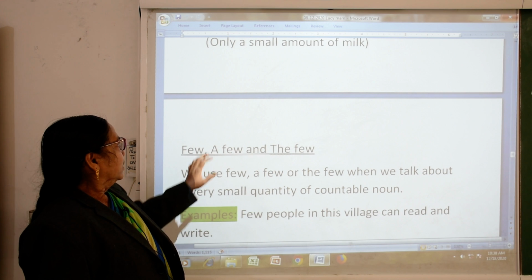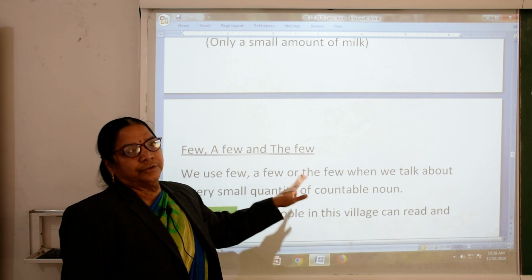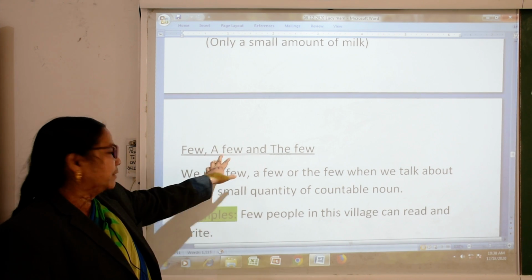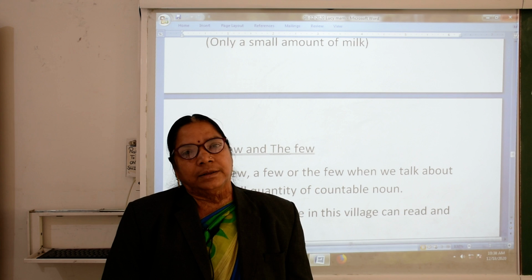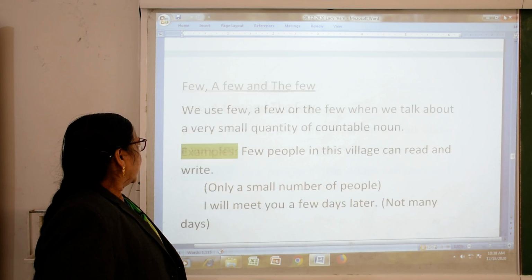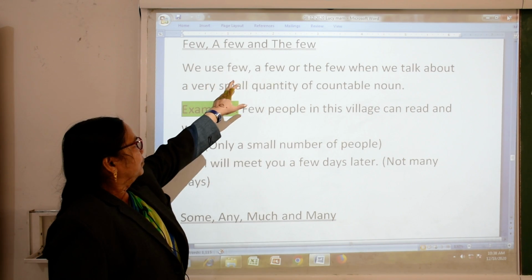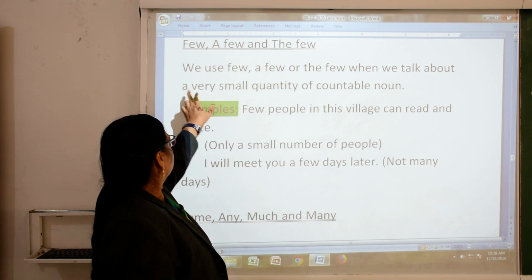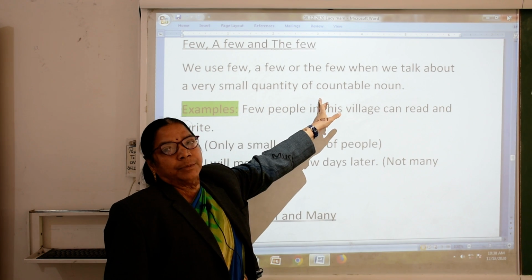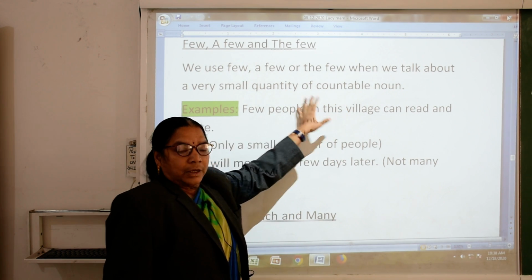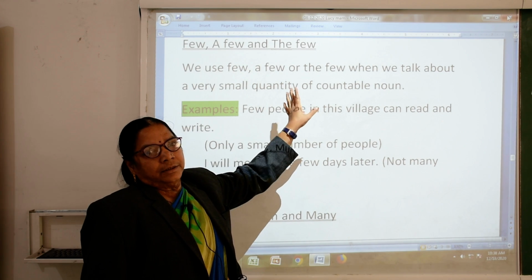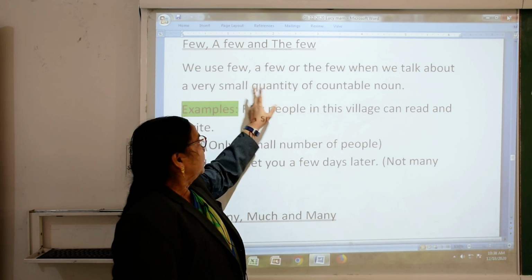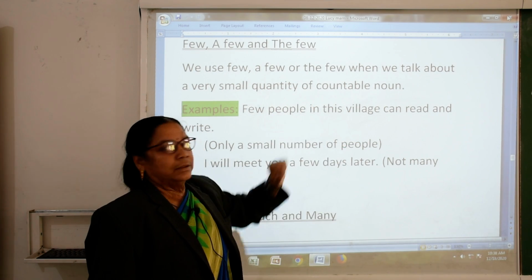Now, next few, a few and the few. We have done little, a little and the little. Here we have few, a few and the few. We use few, a few or the few when we talk about a very small quantity of countable nouns. Little, a little and the little are for uncountable, and few, a few and the few are for countable nouns.